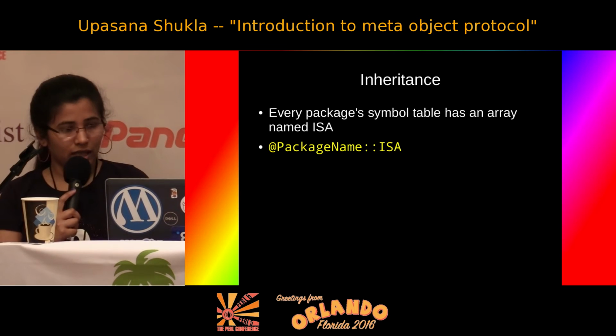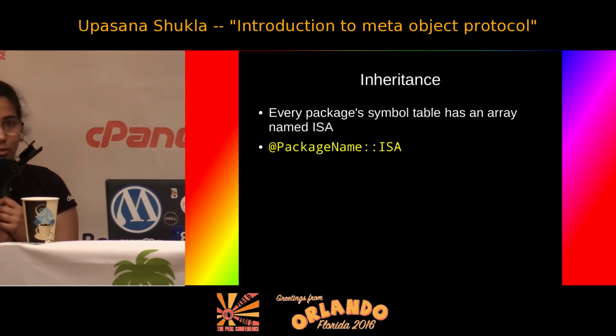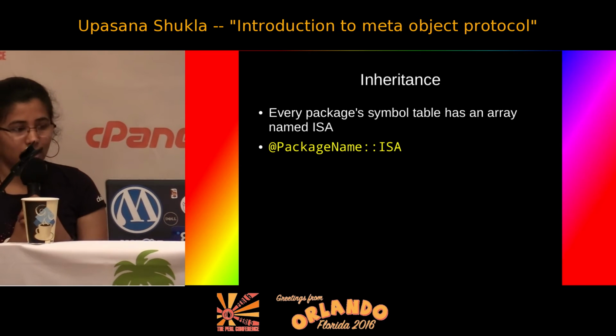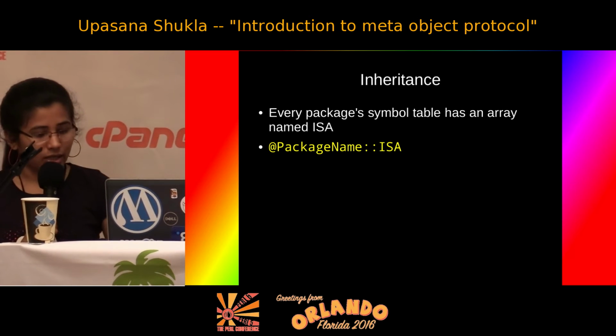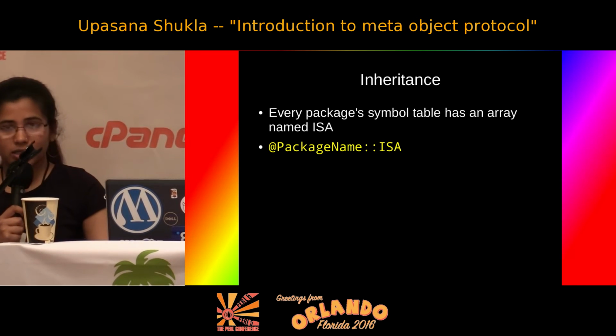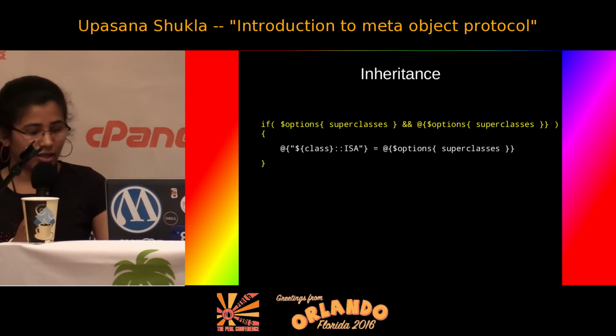So now let's talk about inheritance. Every package symbol table in Perl has an array called ISA, which has this notation, and it has all the parent classes of your class.